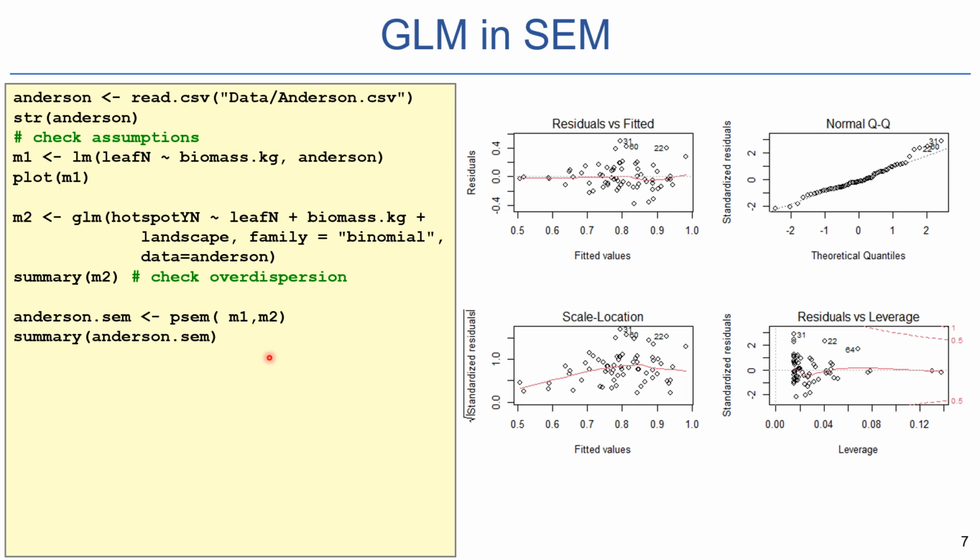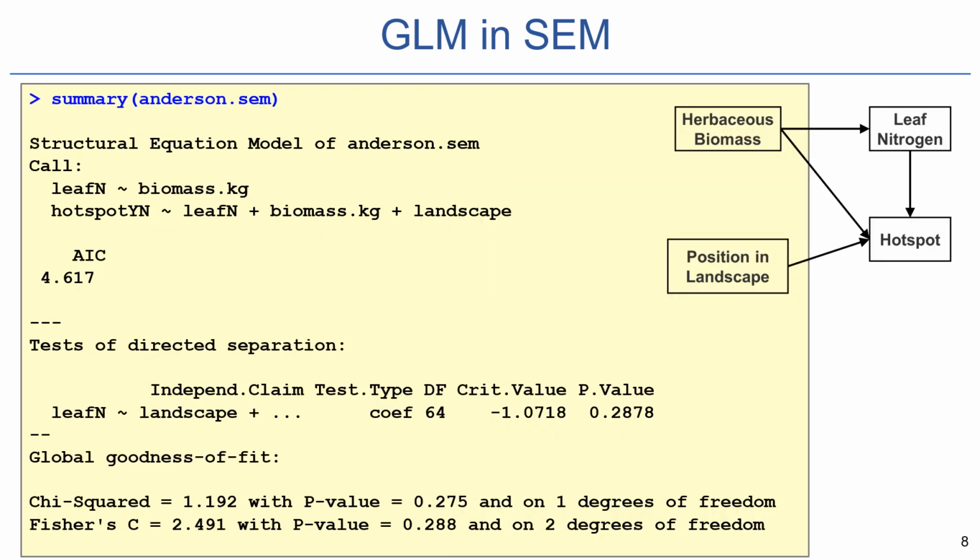So, if you are okay to go, we can use piecewiseSEM. For this, we use our function psem and then call the summary. And what does summary give us? It gives us submodels, as you remember, and AIC. Also, it gives us the test of directed separation.